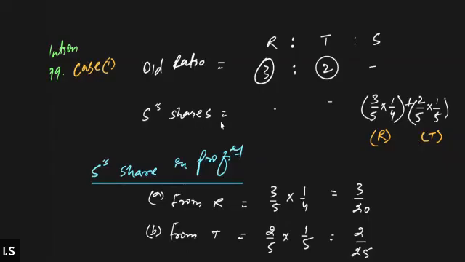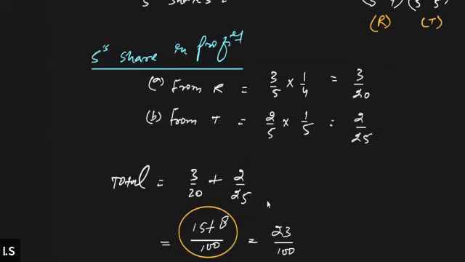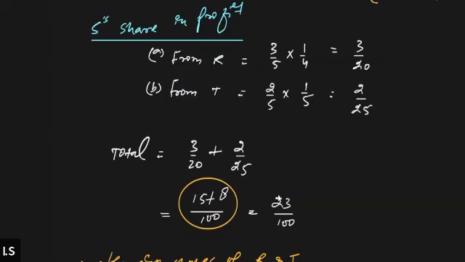Now let's find out S's total share. He will be getting 1/4 of 3/5 from R and 1/5 of 2/5 from T. That means the total share of S will be 3/20 plus 2/25. That means S's total share will be 23/100.